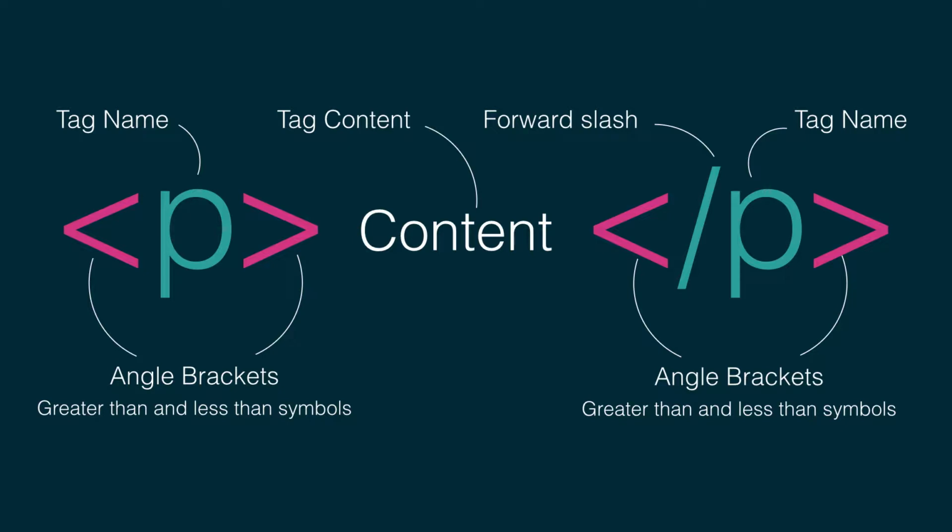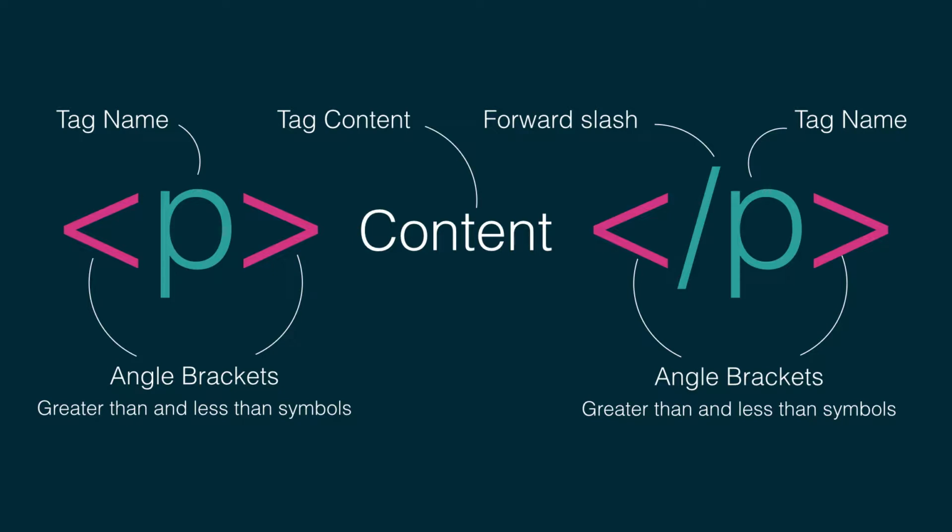This is just a basic set of tags, an opening and closing tag. Everyone should remember, all tags start with angle brackets. You have the tag name, which is in this case P, which stands for paragraph. In between the opening and closing tags is the tag content. And the closing tag always begins with a /. That's how you know that it's a closing tag.